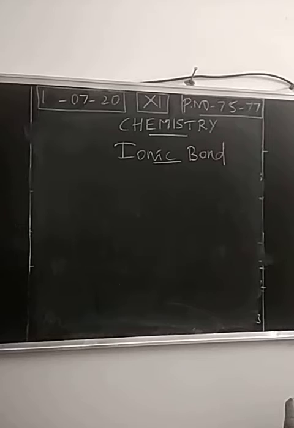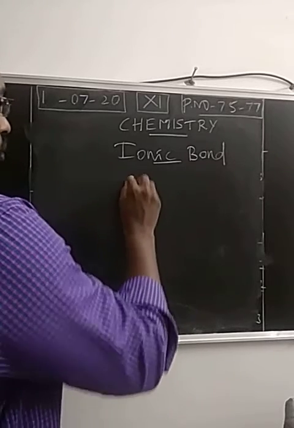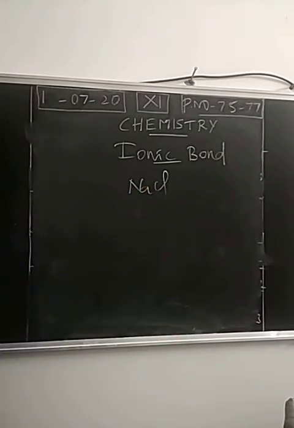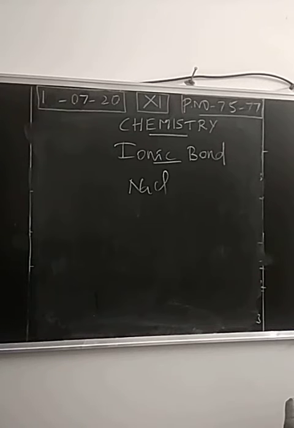Consider a compound, for example, sodium chloride. When we observe these two atoms, one is electropositive in nature and the other is electronegative in nature, so the electronegativity difference is large.